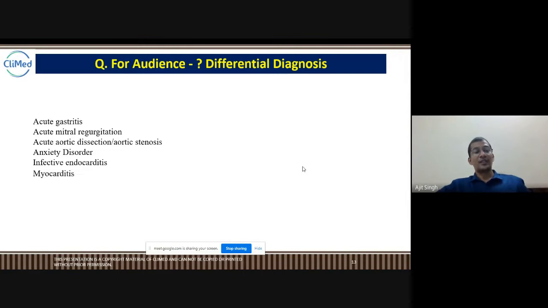Then myocarditis, and then pneumothorax. What is pneumothorax, guys? Pneumothorax is the collapse of lung or lungs, and in that case also you can get similar symptoms.